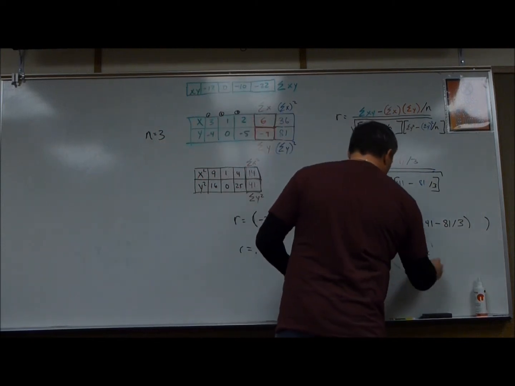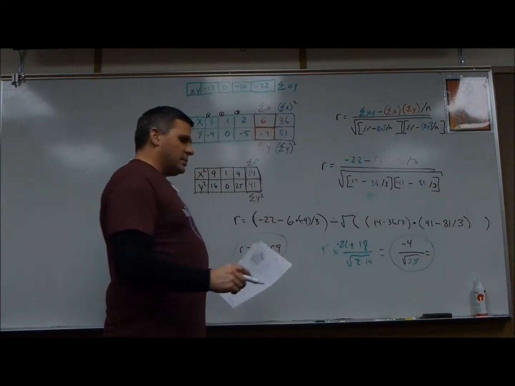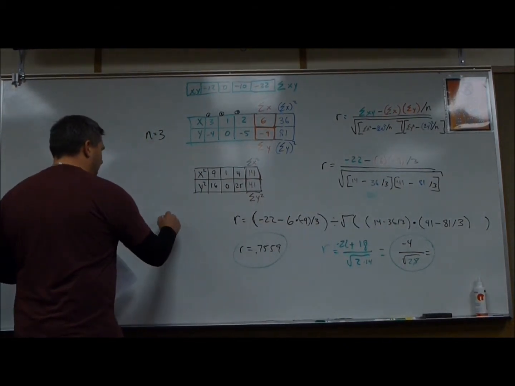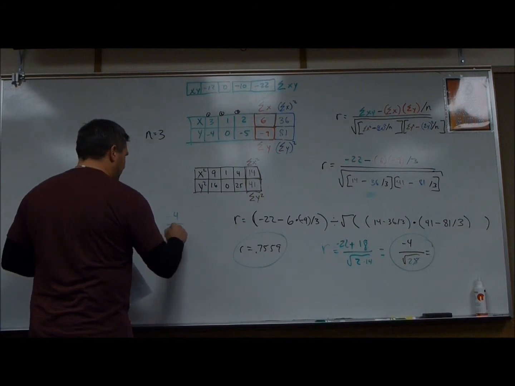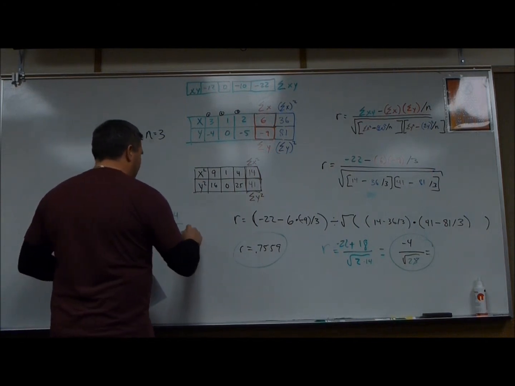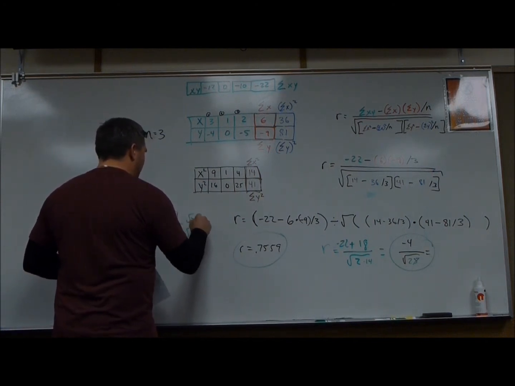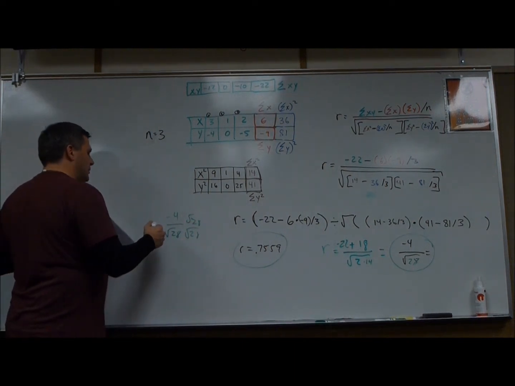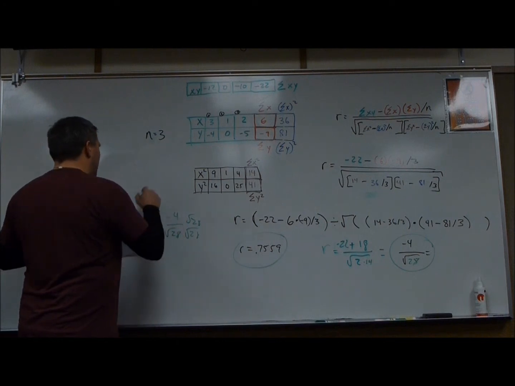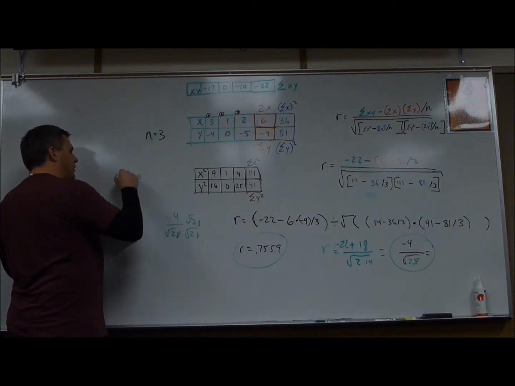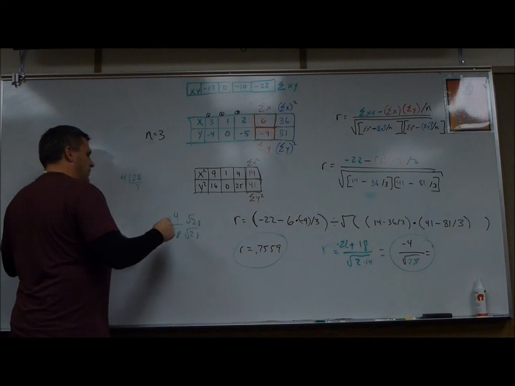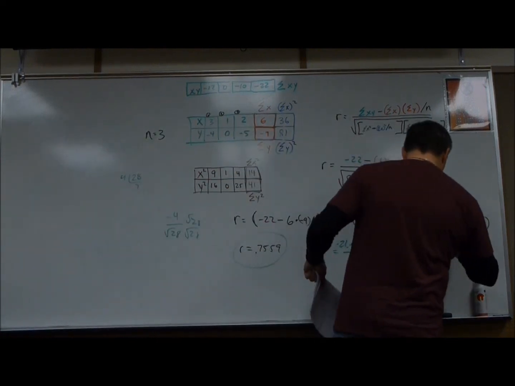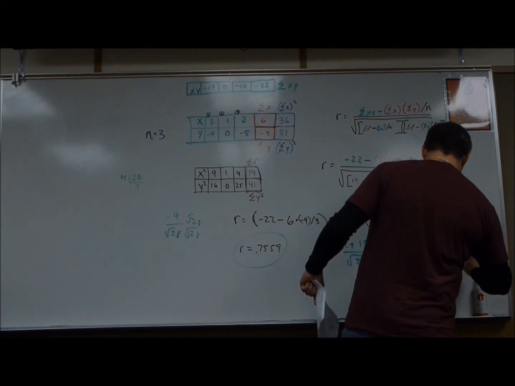So this is your answer along with this. And if you wanted to take that negative 4 over the square root of 28, actually 4 goes into 28, huh? Yeah. So 28, 4 goes into there 7 times, so it's actually 2 square roots. That's negative 4 over 2 square roots of 7.